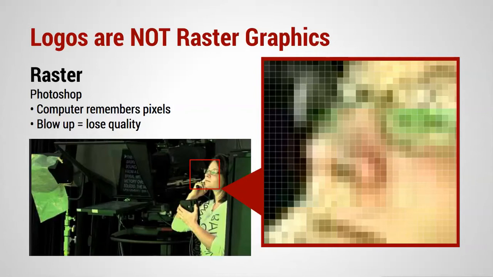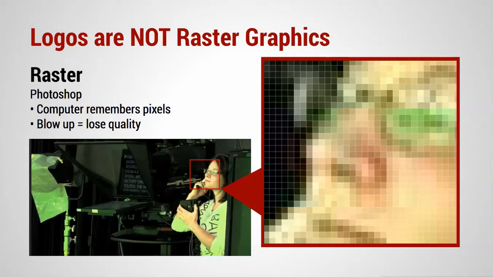Now, you'll learn a little bit more about photo editing later in this class. There are some techniques to try to blow up a picture and add pixels, but it doesn't work that well. So generally, the rule is that blowing up a picture is not going to work very well. When you blow up a photo, you lose quality, because most of the time you're just making all those pixels bigger.